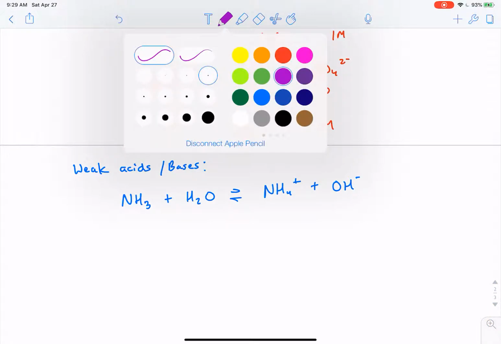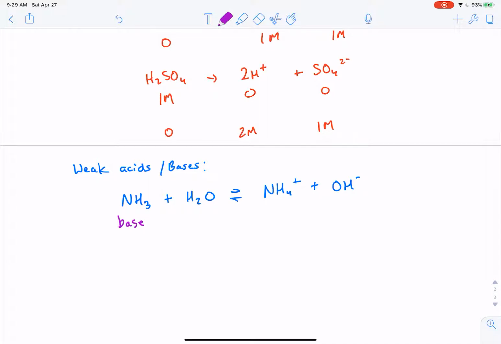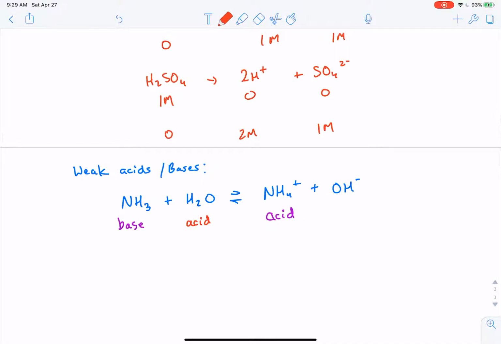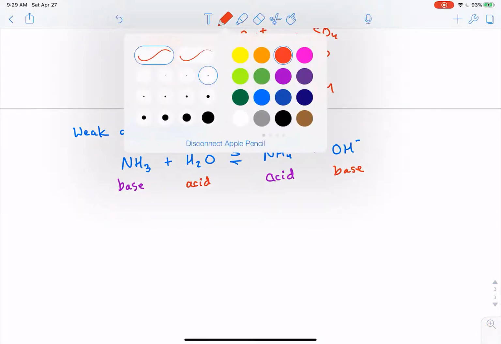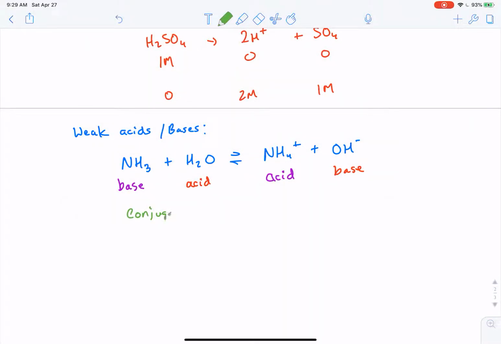So if you think of this, NH3 is a base in this situation because it's forming an acid, and water is donating a hydrogen to become OH minus, then your conjugate acid base pairs are considered to be NH4 plus and NH3, or H2O and OH minus.